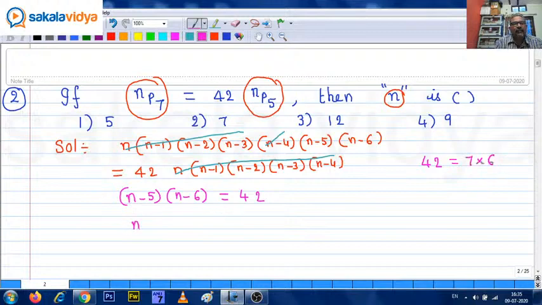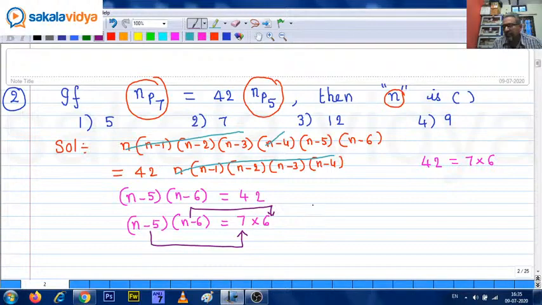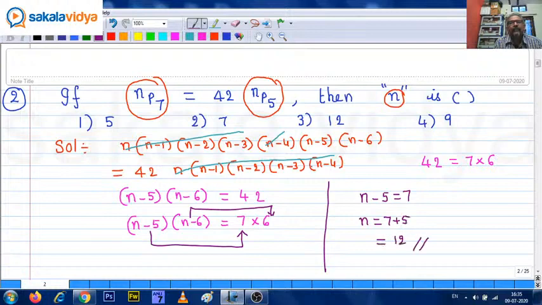That means (n minus 5) into (n minus 6) equals 7 into 6, so either n minus 5 equals 7 or n minus 6 equals 6. We get the n value: n minus 5 equals 7, n equals 7 plus 5. So the answer is 12. Third option is the right option.